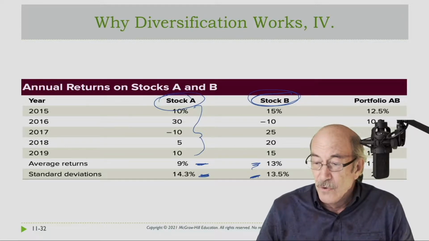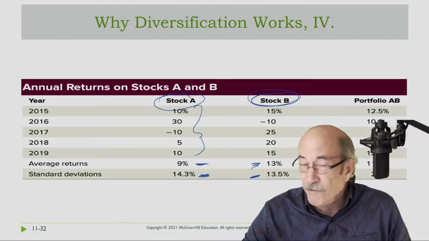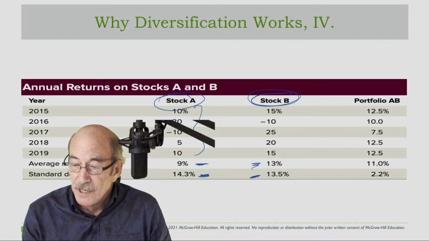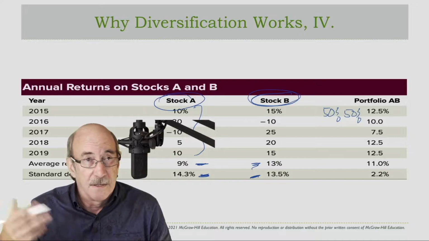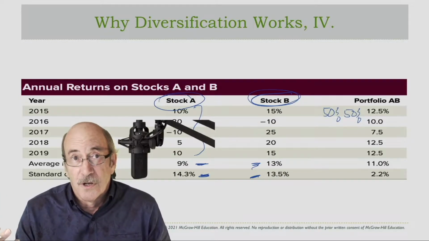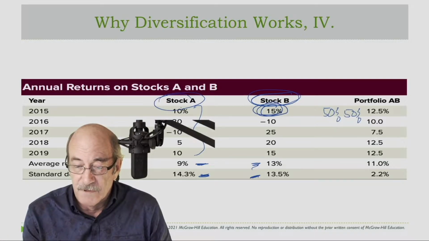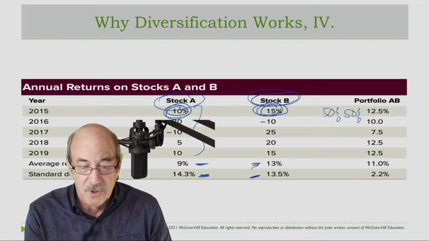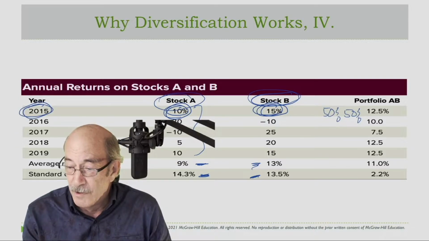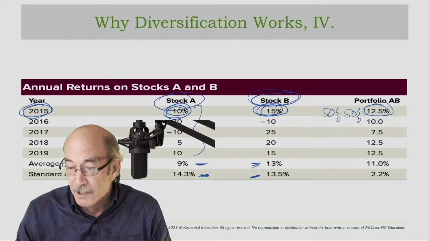And then we put together a portfolio, and it looks like it's 50% A, 50% B. The way I can tell that is that the return on a portfolio is the market value weighted return of the individual securities. So B has a return of 15%, A has a return of 10% in this year. Well, I see that the portfolio is 12.5, so I know I've got a 50-50 blend.